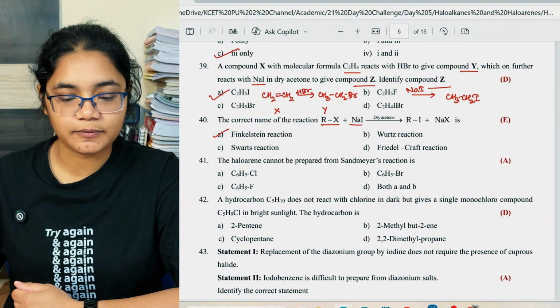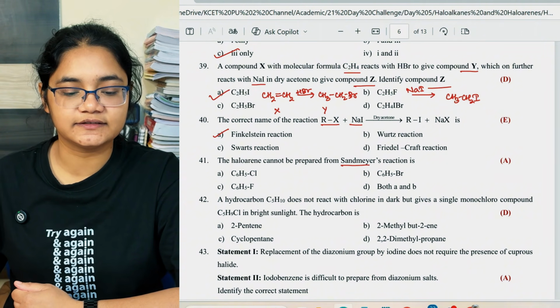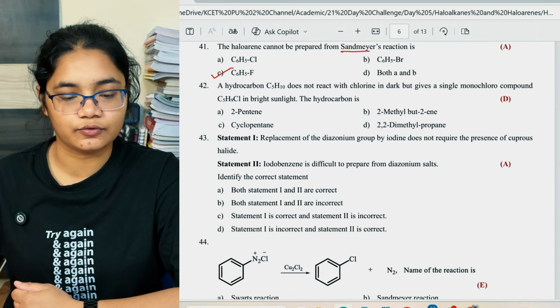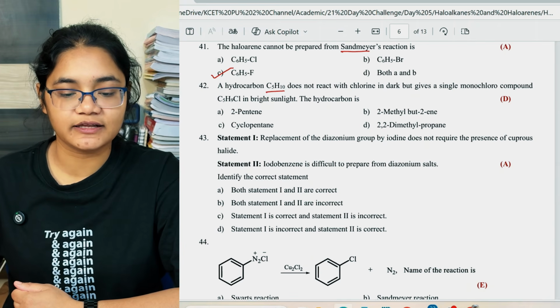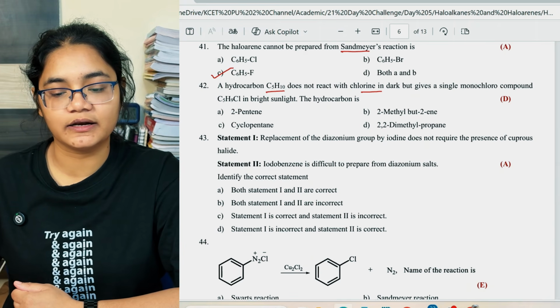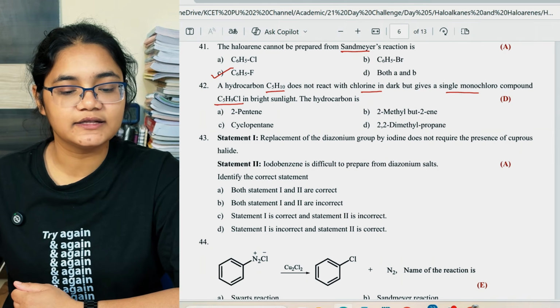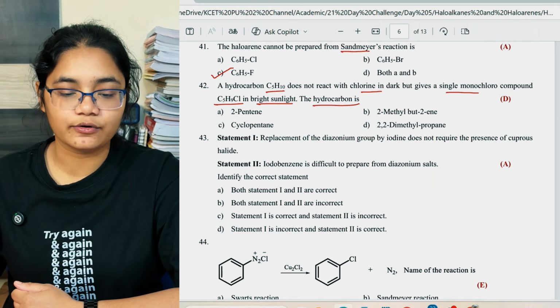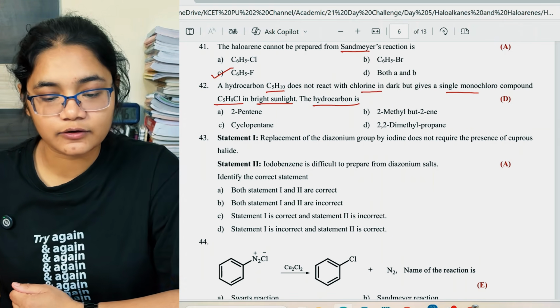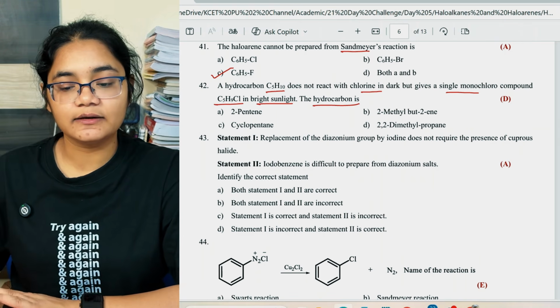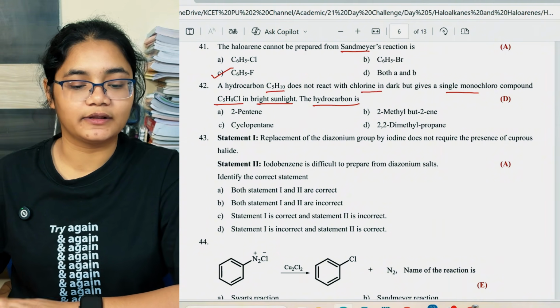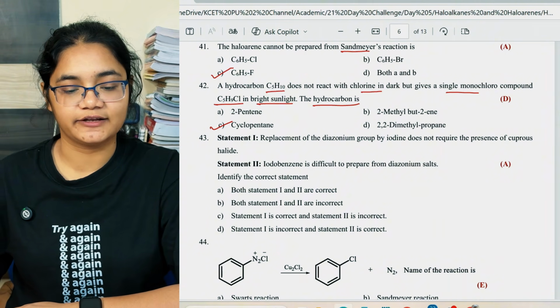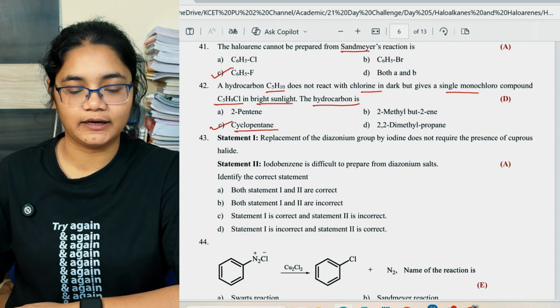The haloarene that cannot be prepared from the Sandmeyer reaction is C6H5F, that is fluorobenzene. A hydrocarbon C5H10 does not react with chlorine in dark but gives a single monochloro compound C5H9Cl in bright sunlight. The hydrocarbon that doesn't react with chlorine in dark but gives a single monochloro compound should be cyclopentane.